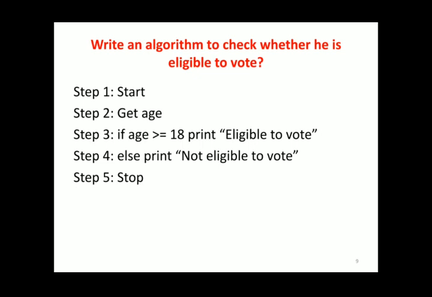So 17 greater than or equal to 18. Okay, so now the condition becomes false. So since it becomes false, the instructions given in the if block will not be executed. So it automatically goes to the else statement in step 4, that is, not eligible to vote will be displayed as the output. So this is the concept of the selection process.